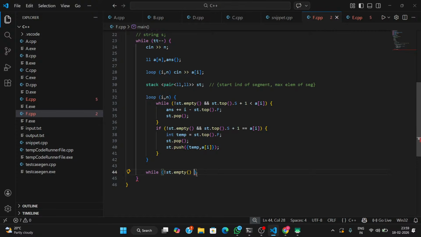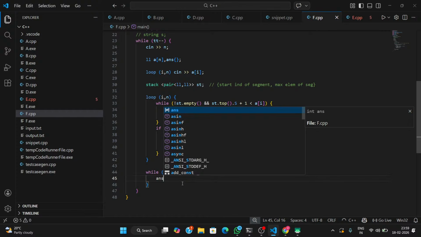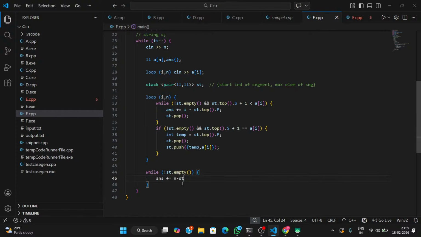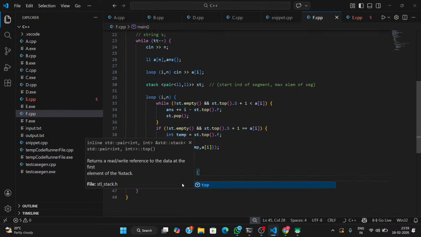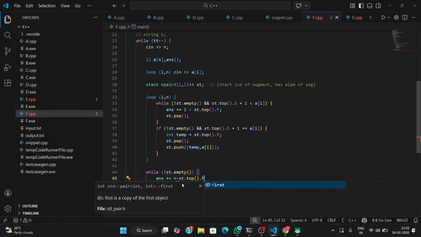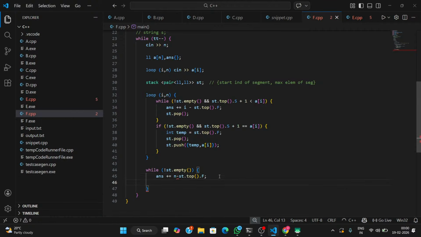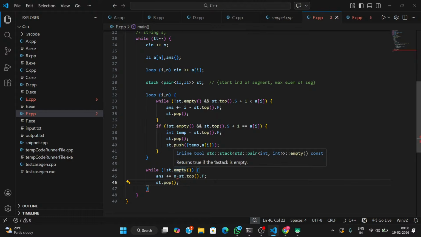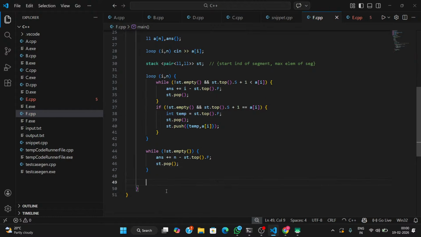So while not sp.empty, we will simply do answer plus equals to n minus the start index. Right? And that will be our answer.